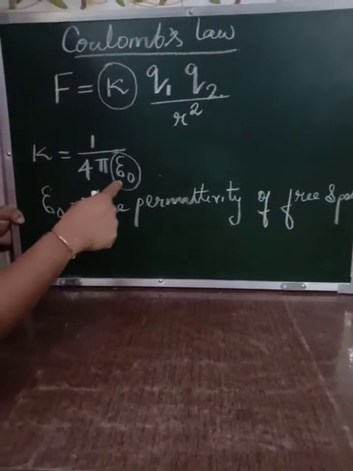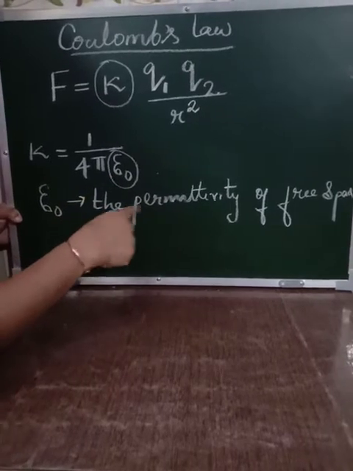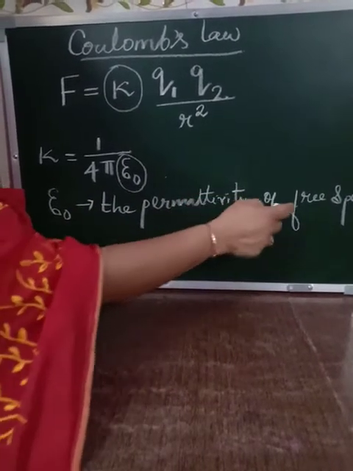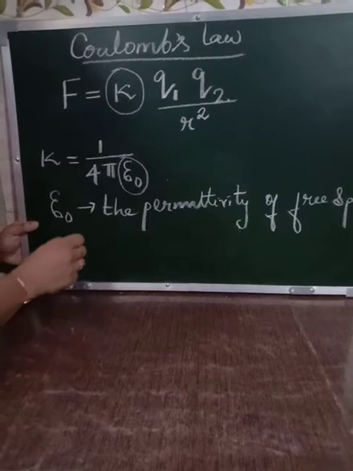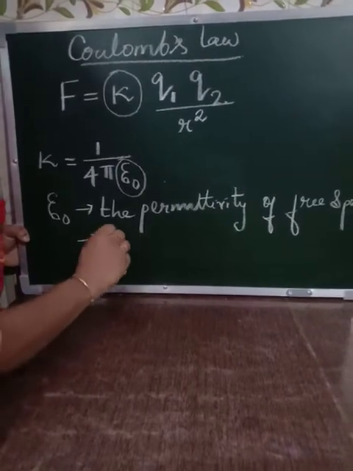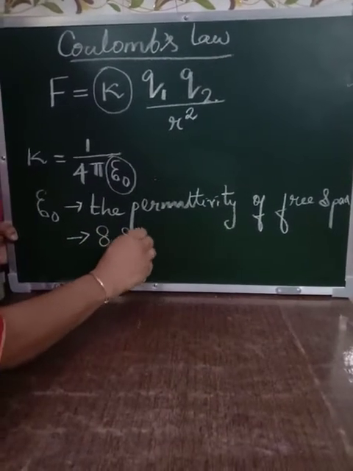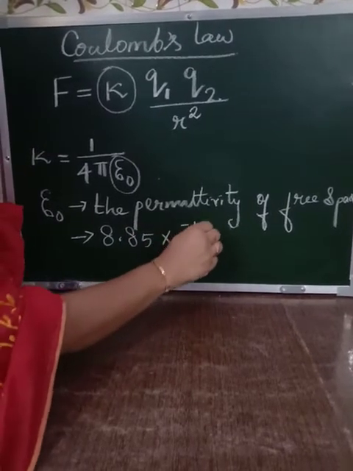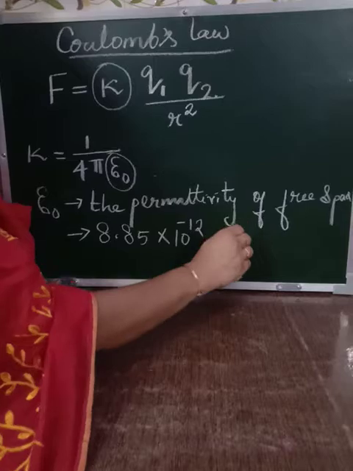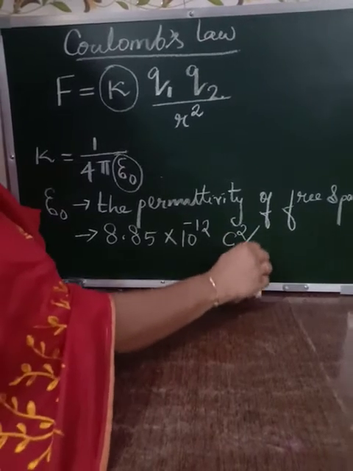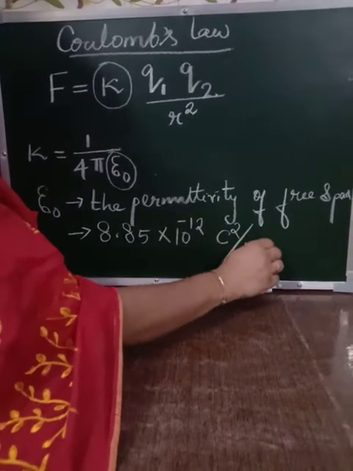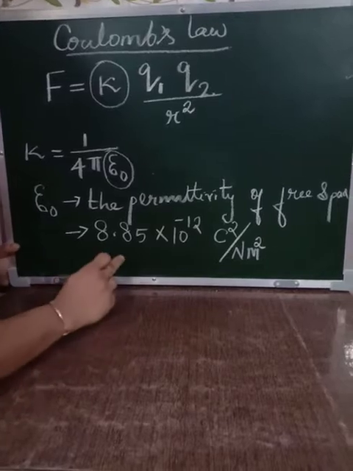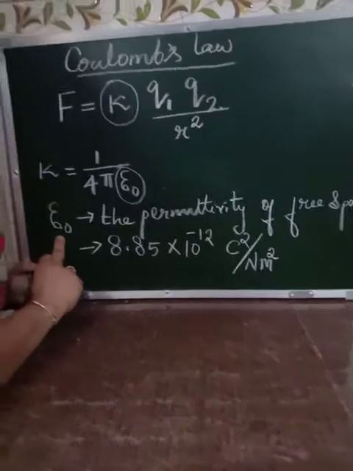Epsilon naught is the constant called permittivity of free space, and its value is 8.85 into 10 raised to minus 12 Coulomb square per Newton meter square. This is the value of the constant epsilon naught.